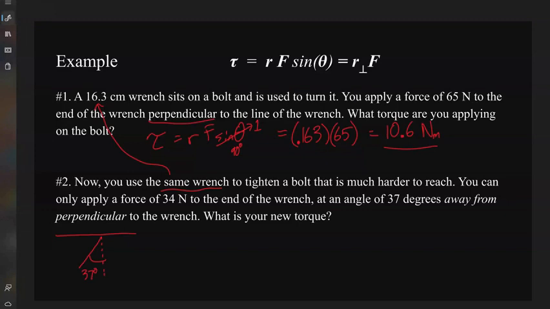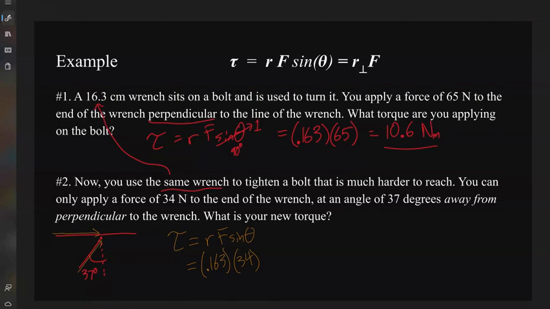All right, well, our torque equation. An individual torque we can solve by setting torque equal to R F sine of theta. Well, radius, it's the same length of wrench, so 0.163 meters. The force we can apply is now only 34 newtons. Sine of theta. Well, theta, remember, is the angle between the radius and the force.